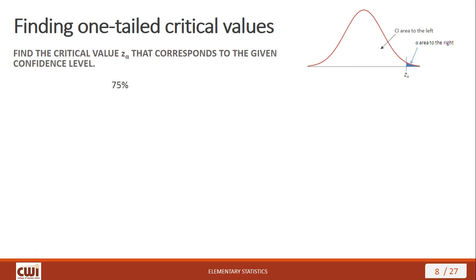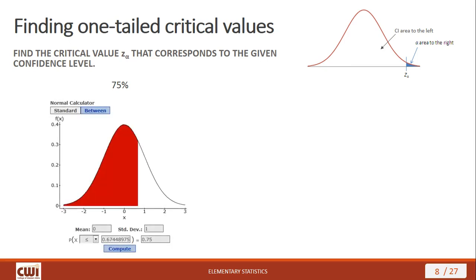is on the left. So in our normal calculator inside StatCrunch, we're going to take the default settings for mean and standard deviation because we want the standard normal distribution to calculate a z-score. We then put less than or equal to for our inequality sign dropdown because we're given the area for the confidence level.